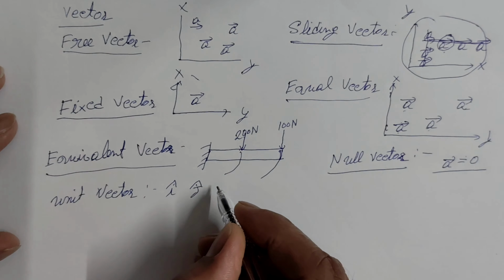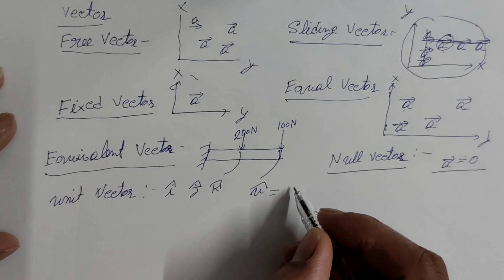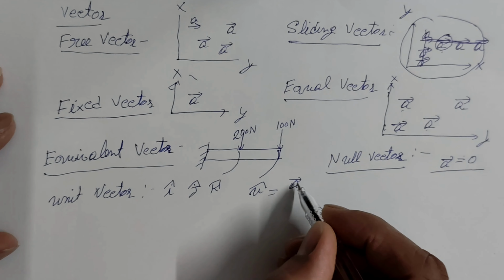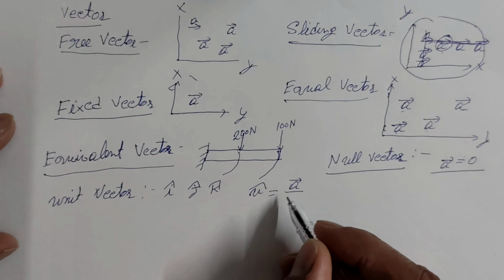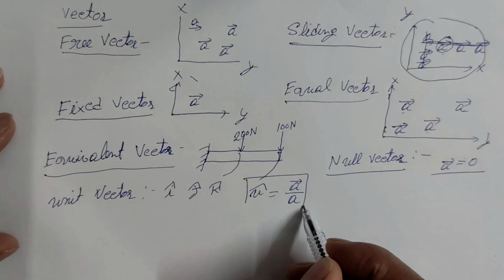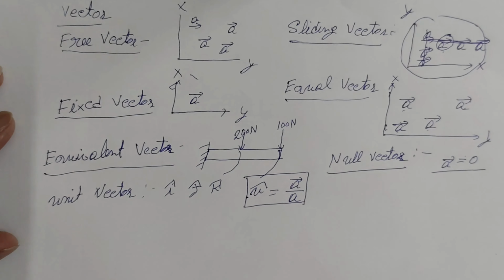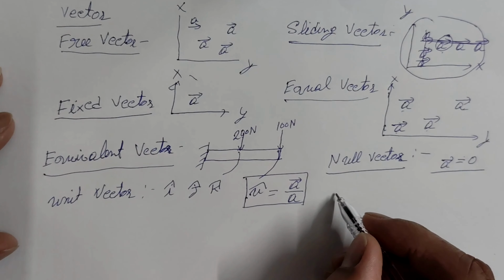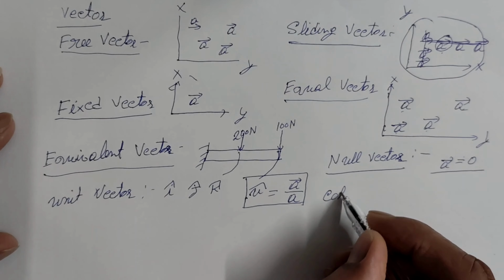Normally, if A is a vector, then it is divided by its magnitude, and then we get the unit vector.